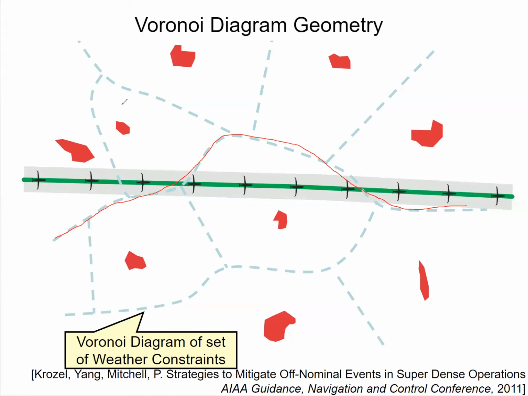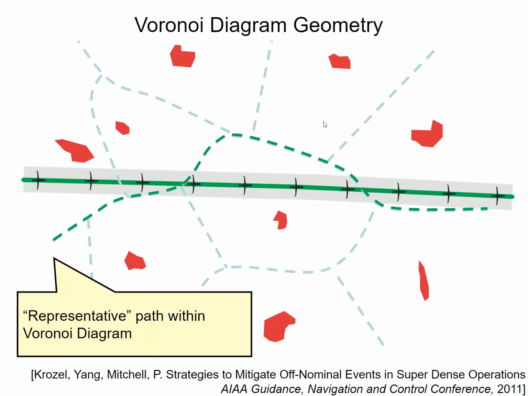If you wanted to morph the green path to this path, you wouldn't be able to do it because it would have to intersect the obstacle, or to this path, again, because you would have to intersect the obstacle. But it's a mathematical fact that there always exists a path in the Voronoi diagram which has the same homotopy type as any given path. It's the representative path.